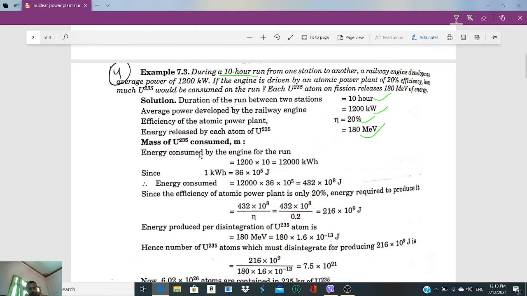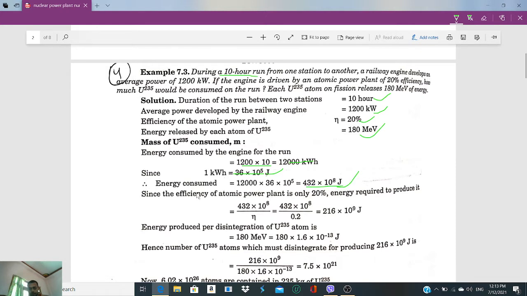Here the energy consumed by the engine for the run is 1200 kilowatt for 10 hours, so we can write 1200 into 10, means 12,000 kilowatt hour, and 1 kilowatt hour equals 36 into 10 power 5 joule. So the energy consumed will be 12,000 into 36 into 10 power 5. Finally we will get 432 into 10 power 8 joule.